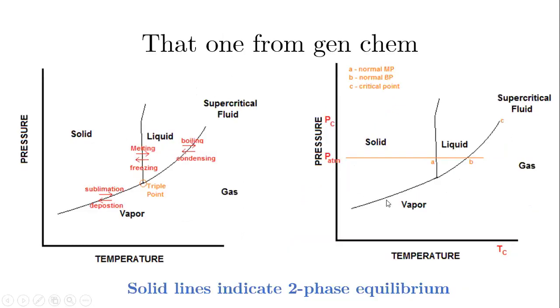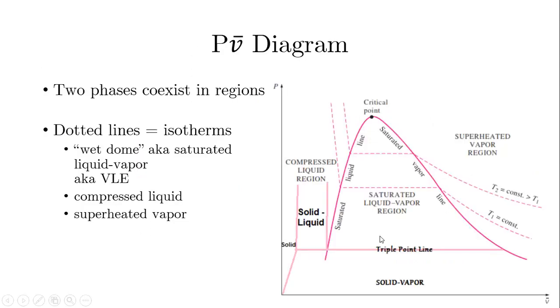So whereas in this plot, the coexisting line corresponds to one specific line, in this plot, I can resolve that into an entire dome and I have a whole area to work with, which is great. And I'll show you in a few minutes why that's great. What you should know about the transition zone is that when you reach, let's say, for example, for water, it's 100 degrees Celsius and 1 atm.